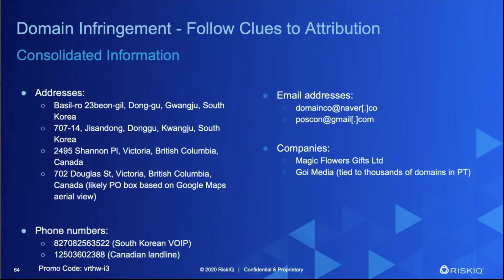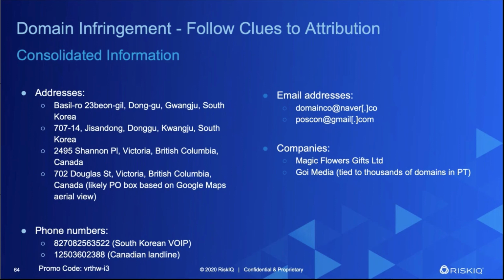Yeah. So if you hit the next slide, here I've consolidated all of the info that we can now tie to Mr. Kim. And this is important because you want to have a master list as you look through domain infringement candidates, so that you're not missing things. Because if I had just searched on domain co in Passive Total, I would not have pulled back all of the other domains tied to Mr. Kim.